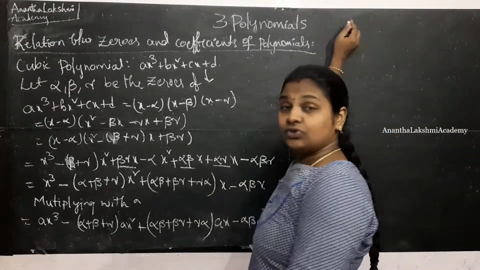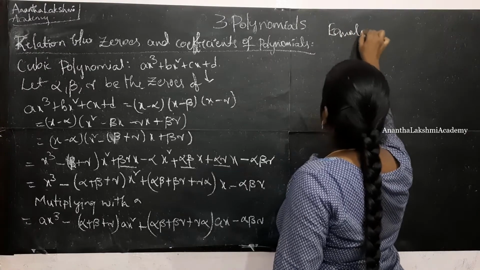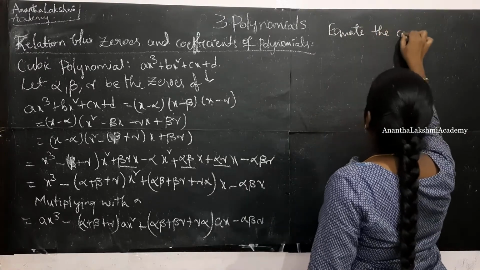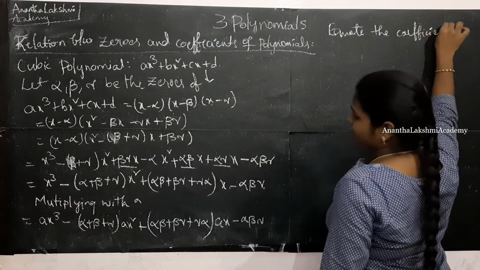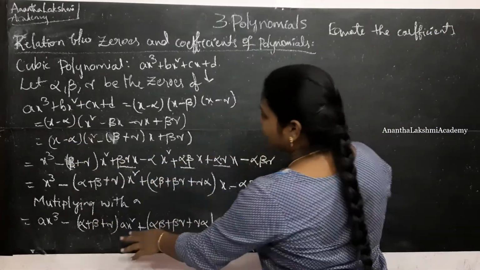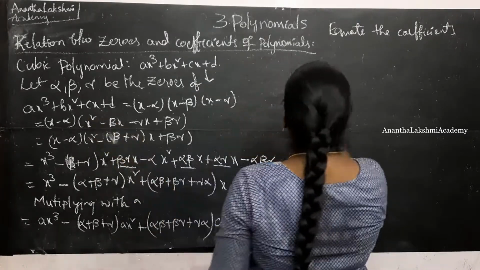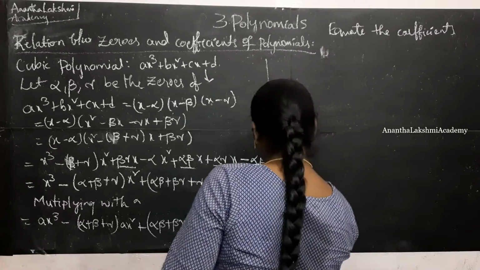Now what are we going to do? We are going to equate the coefficients. So which would result in a is equal to a. Now what is b here?